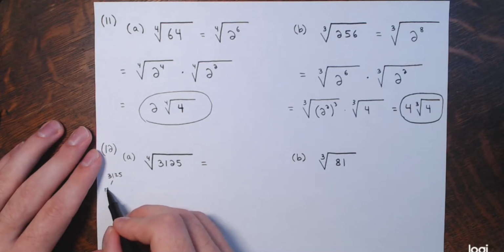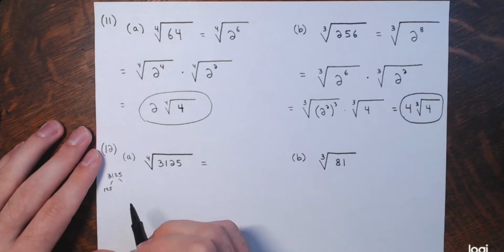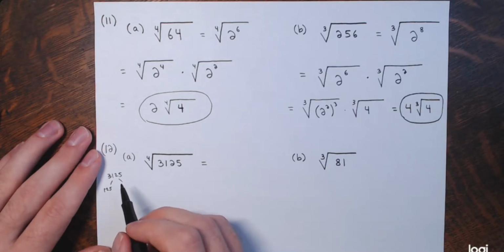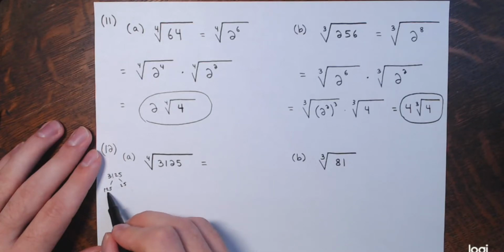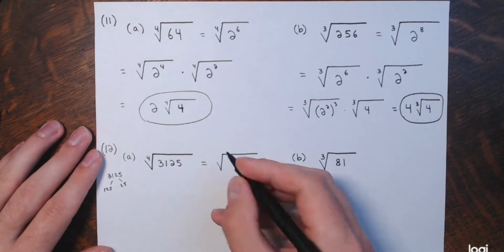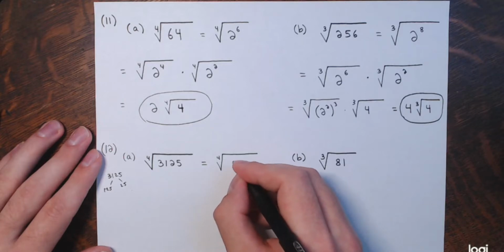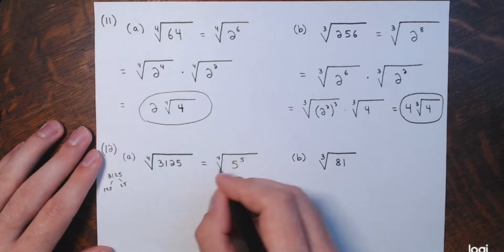Now that would be 125 times 25. Okay, so 5 cubed, 5 squared. This is 5 to the 5th. So I'm doing the 4th root of 5 to the 5th. All right, that's 3,125.